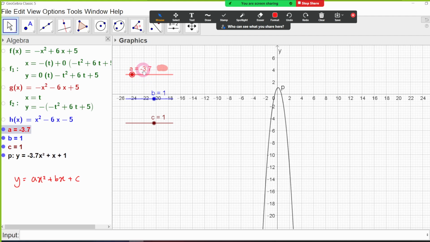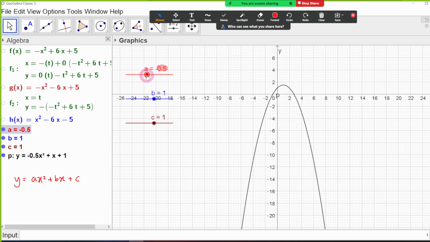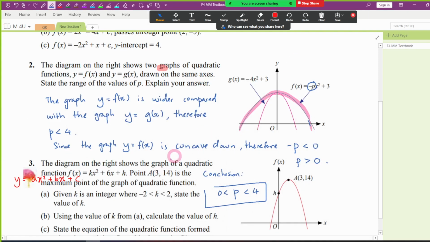If I decrease this, 3.7 becomes 3.6, 3.5, 2.0, and so on, it becomes wider and wider. Right? Okay. That's why for this question, since the graph here is wider than this graph, therefore we know that p must be smaller than 4.